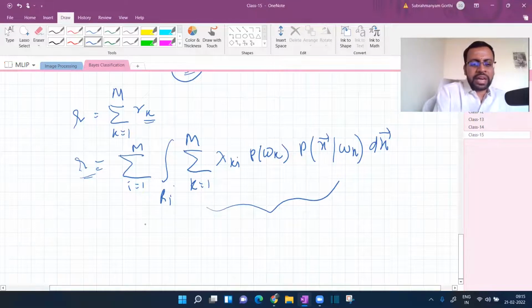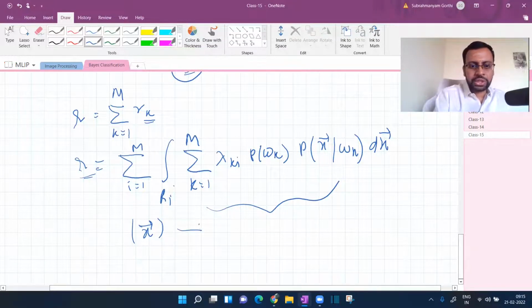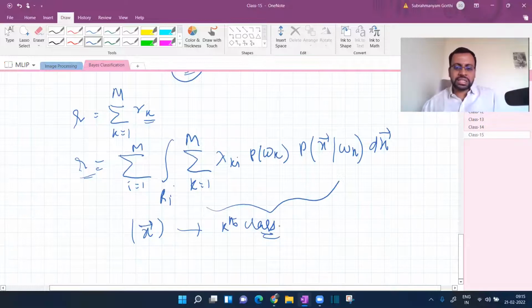So for example, I am given an x bar vector. How do I do that now? Assume that I would assign it to a kth class. How do I figure out to which class it would belong?